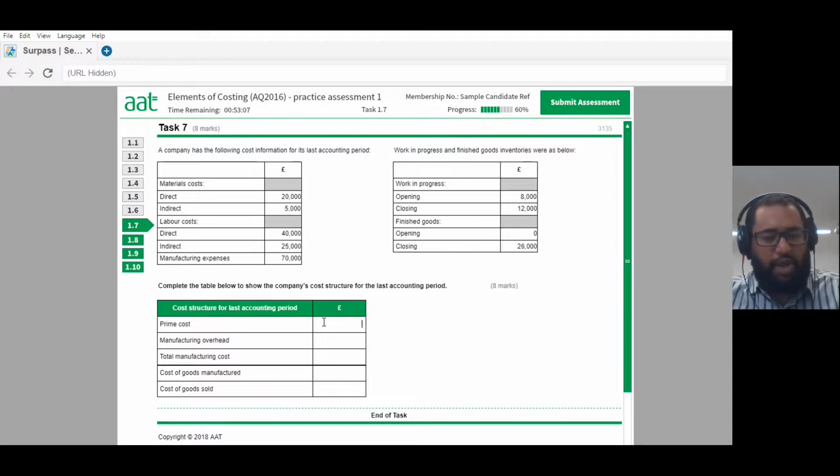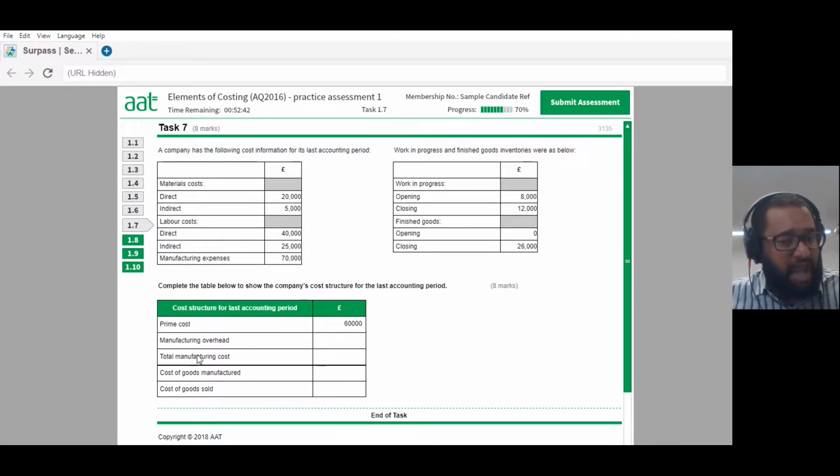So your prime cost is 20 plus 40, which is £60,000. And what are your manufacturing overheads? Here you have manufacturing expenses. Is that the only one you're going to be considering? No. Why? Because these indirect expenses on your material and your labor are also classed as manufacturing overheads, because they are not part of your prime cost.